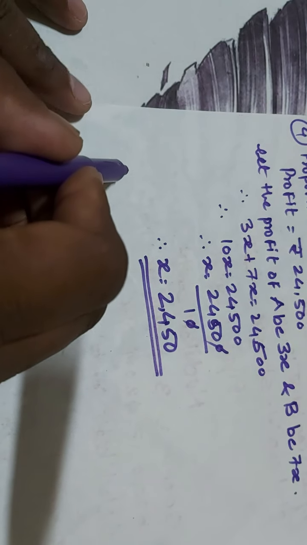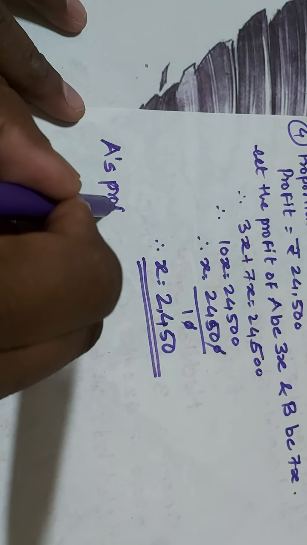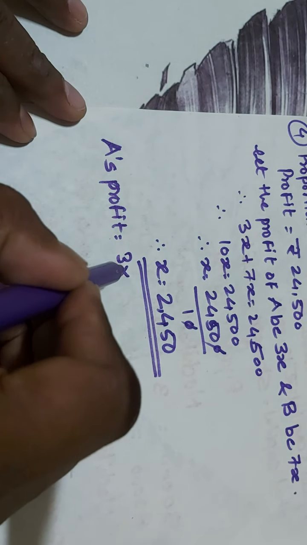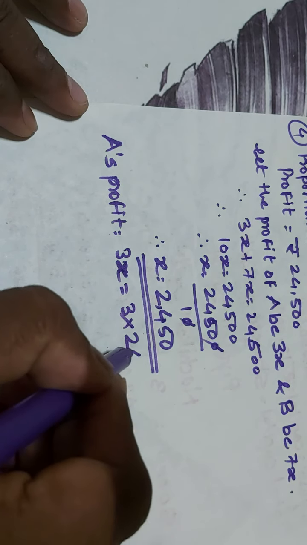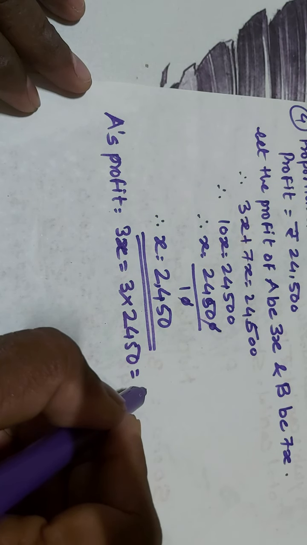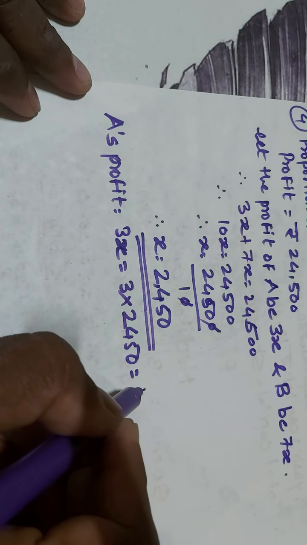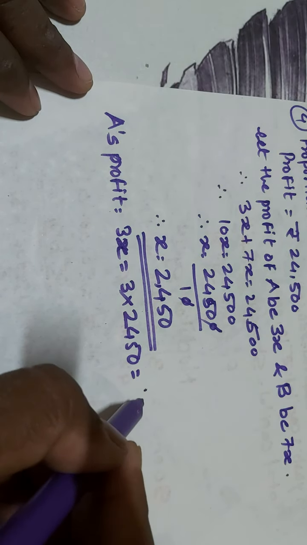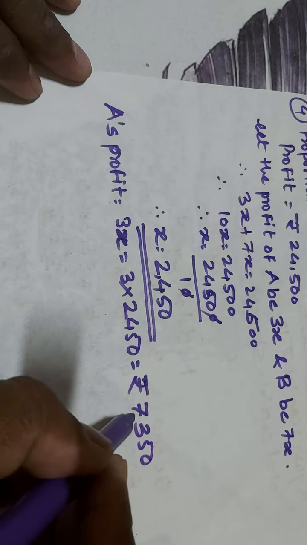A's profit is equal to the proportion 3 is to 7, so 3x is equal to 3 multiplied by x, so 3 multiplied by 2450, that is rupees 7,350.